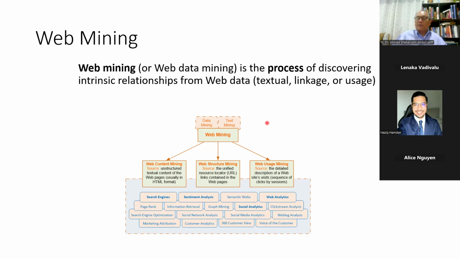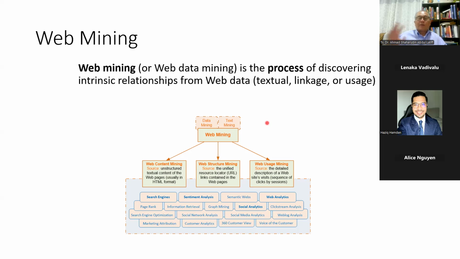It can be applied in search engine optimization once you are familiar with search engine and the page rank algorithm, and then you can determine how to optimize the search in terms of recall and precision. Social network analysis, social media analytics, web blog analysis, marketing attribution, customer analysis, and then customer view, 360 customer view, and voice of the customer, particularly in relation to sentiment analysis.